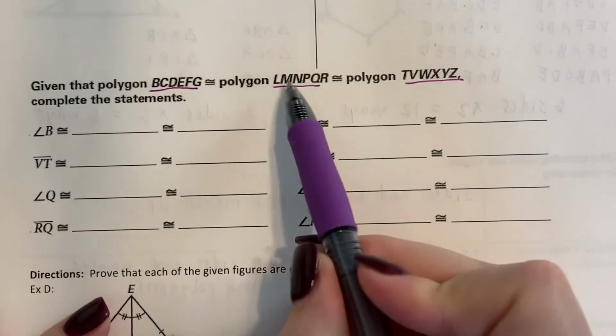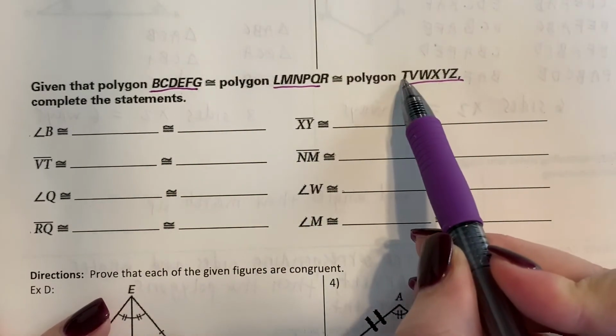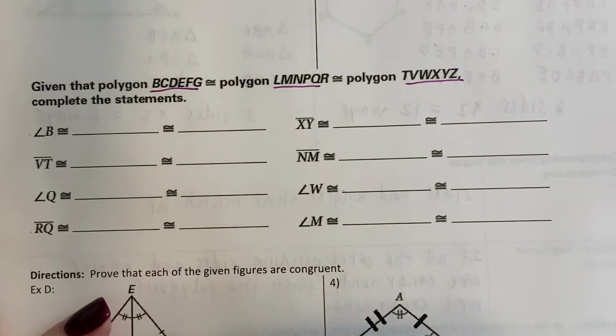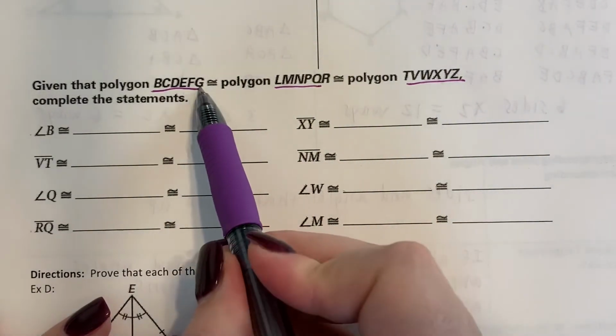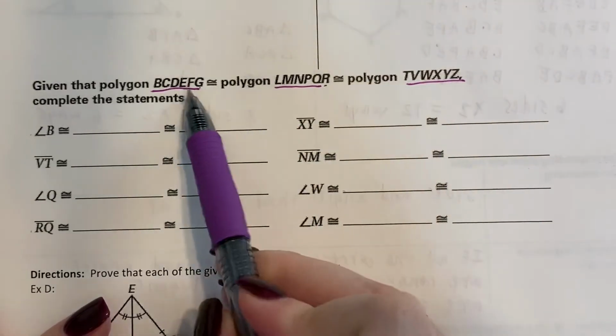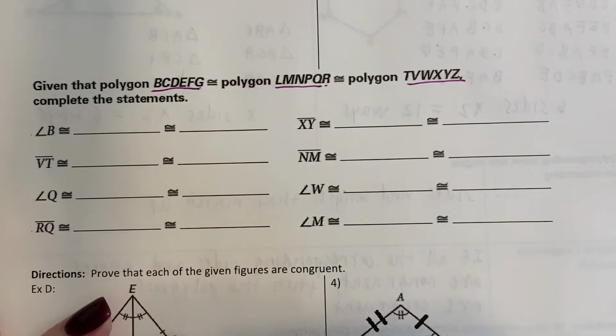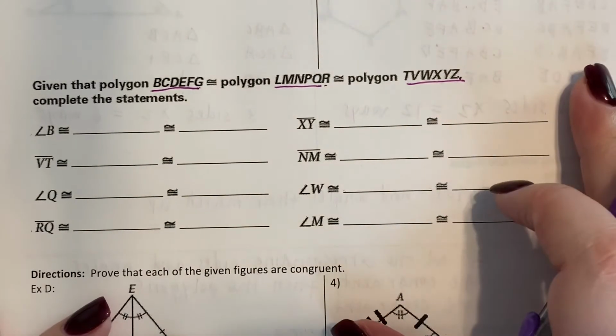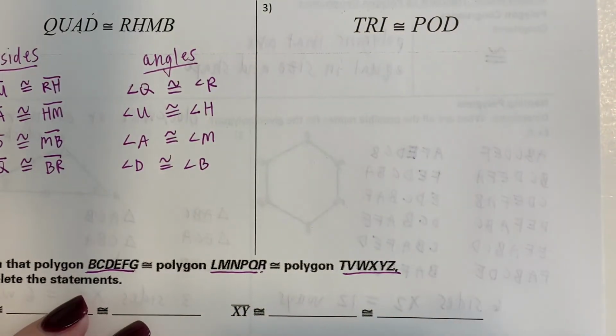Side BC matches with side LM, matches with side TV. And then if you want to look at the angles, angle G would match with angle R, which would match with angle Z. So same idea, but now there are 3 of them that are corresponding. So at this time, you can go ahead, pause the video. You'll do this U try section as well as U try 3.